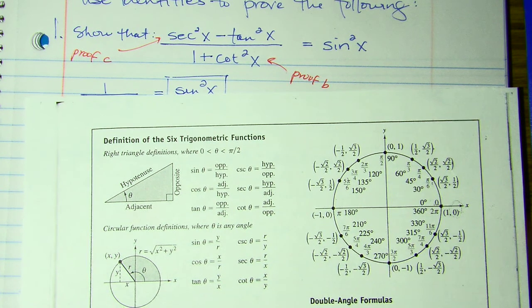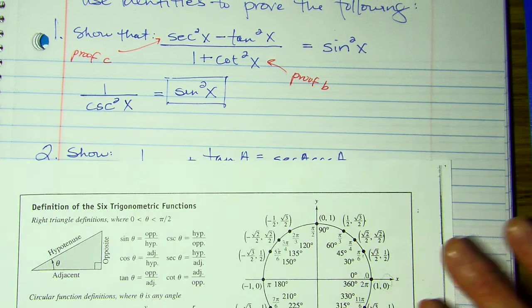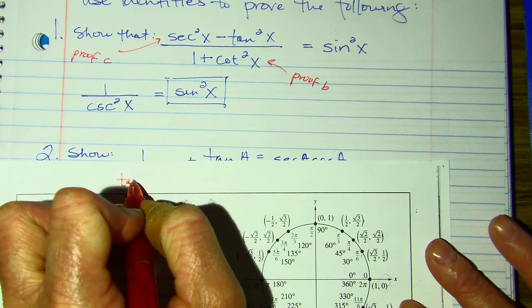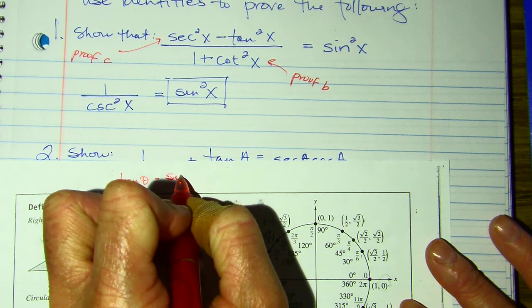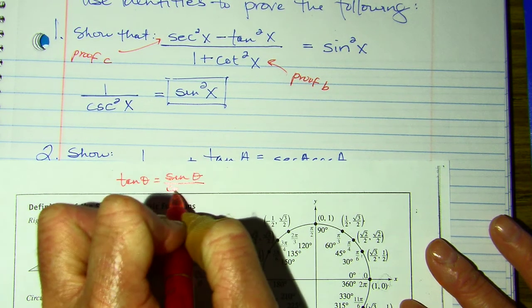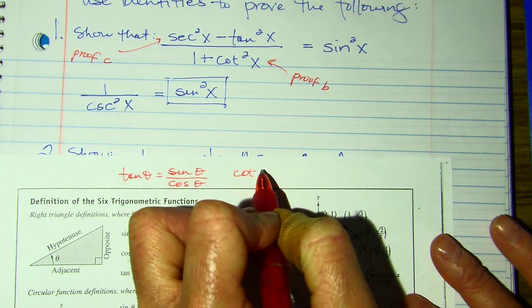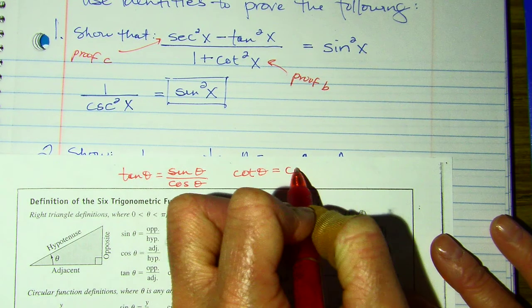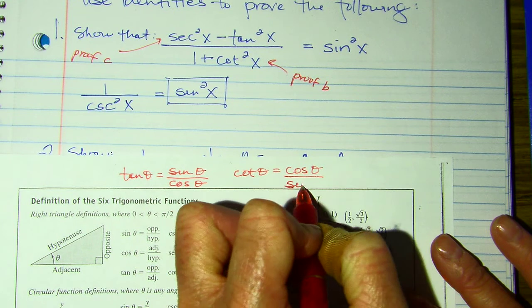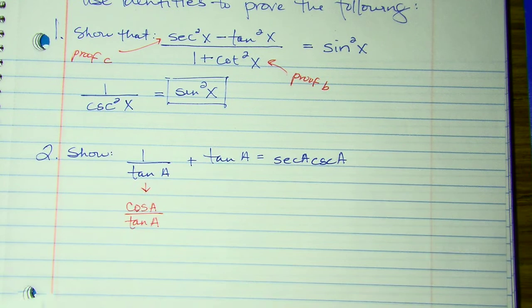It should be on this sheet: the tangent of theta equals the sine of theta over the cosine of theta. And that would mean that the cotangent of theta equals the reciprocal. And so that's where I'm getting this.